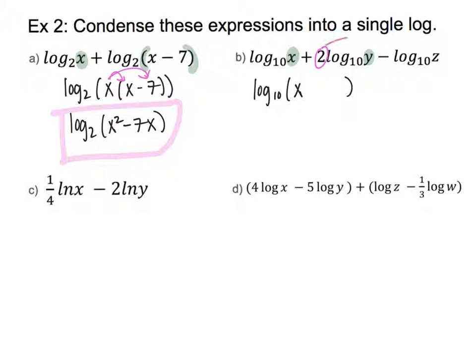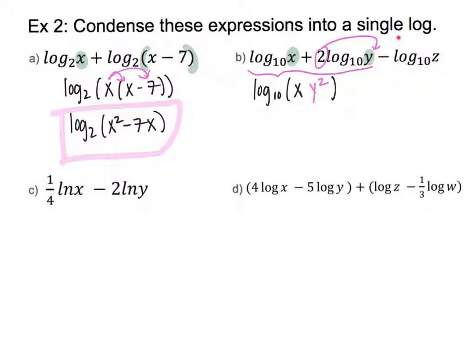So what I like to do is just bring back the number in front as the exponent. So this is going to be x times y squared. Maybe I didn't need that much room, so let me move that parentheses there. So that's going to be xy squared on the inside of this first log. So that was this part right here.